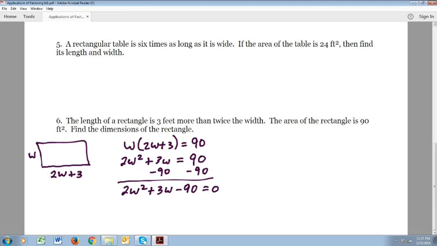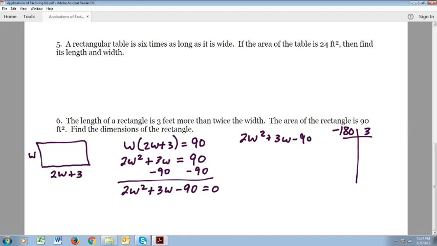All right, so we need to factor this. Let me go ahead and do that over here. So AC is kind of big here. It's going to be negative 180.